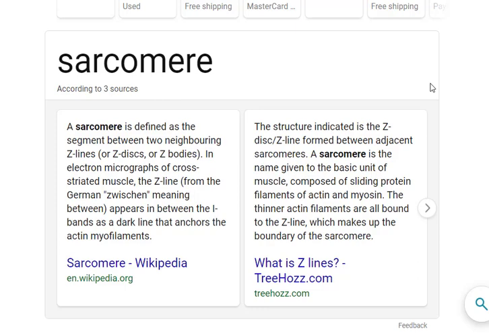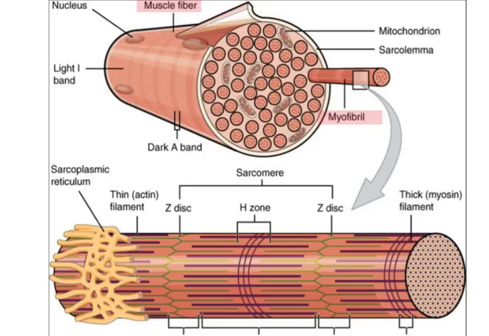Another thing that's confusing is the tendency for different lab manuals, different textbooks, different editors to define the Z-line or Z-disc or Z-body. Your textbook calls it a Z-disc.